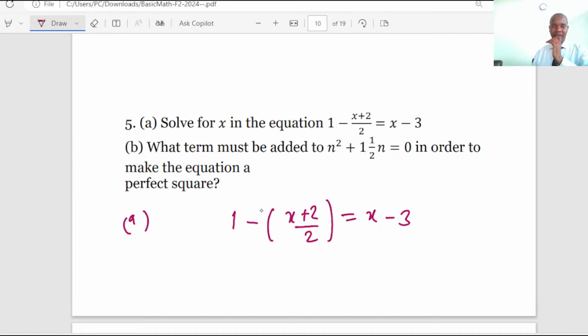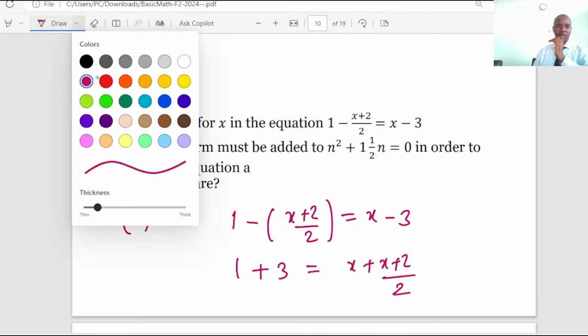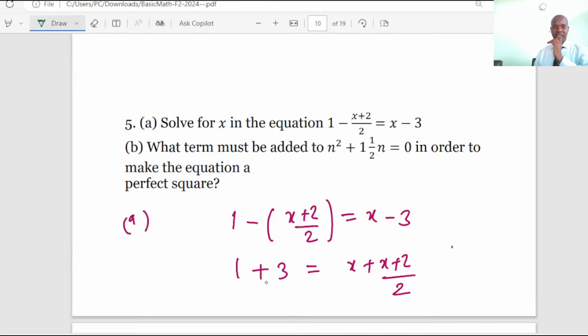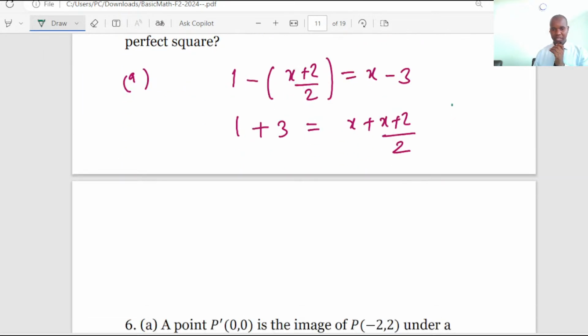I can actually take this expression to the other side and take 3 to this side. So I can take 1 now plus 3 equals to (x plus 2) over 2. You can opt actually to multiply by 2 throughout, but before we do that, I'll be taking 1 plus 3 equals to 4, and 4 now will be equal to (x plus 2) over 2.